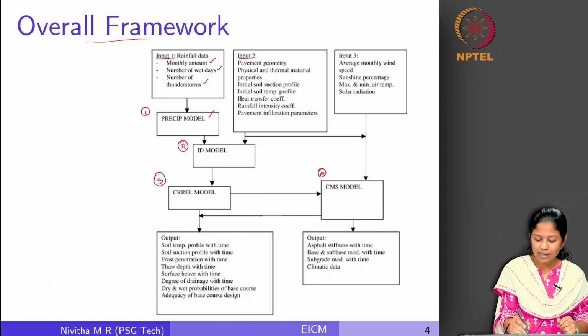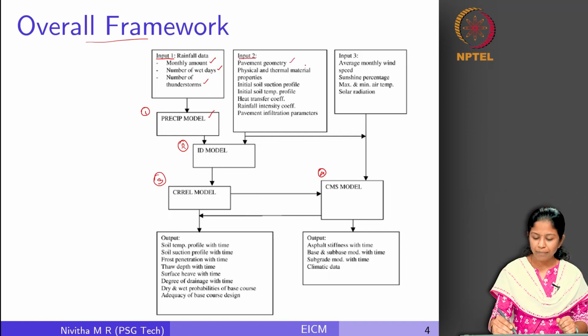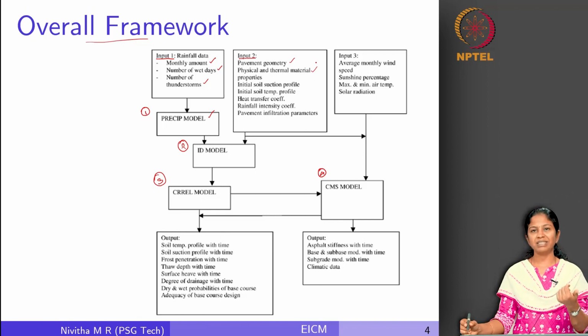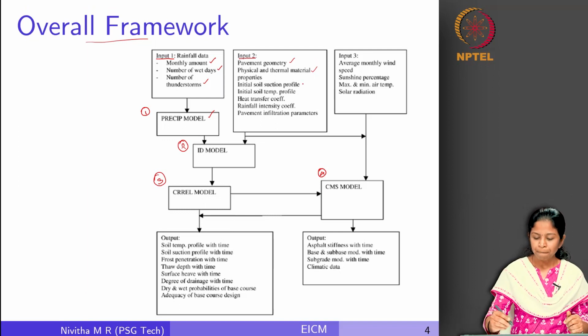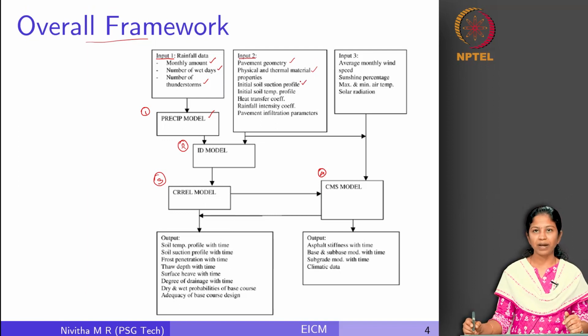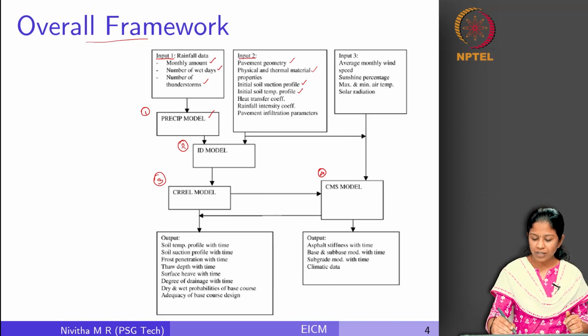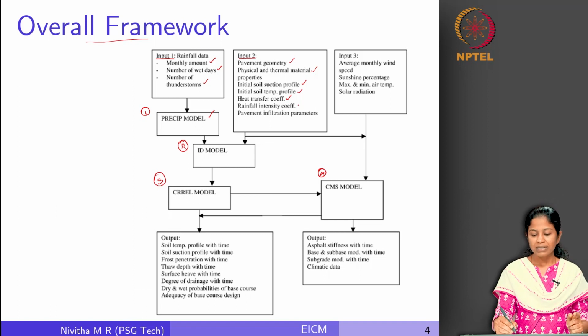Next, we have another set of input, which is pavement geometry, physical and thermal material properties. The first thing we need is the cross section, and then in a given cross section, what are the different layers, and what are the thermal properties, basically the conductivity and heat capacity of individual layers. Then we need the soil suction profile, and the initial soil temperature profile, the heat transfer coefficient, similarly the rainfall intensity coefficient, and pavement infiltration parameters, right.